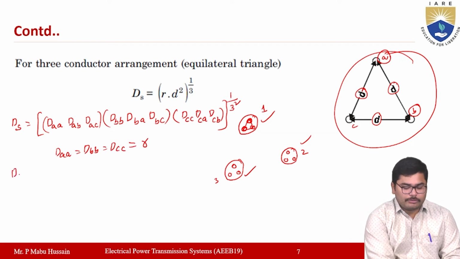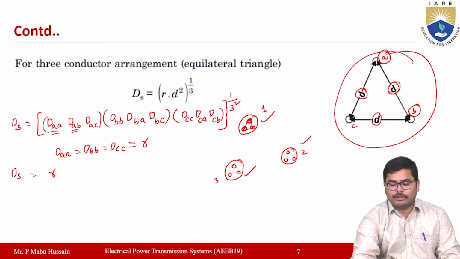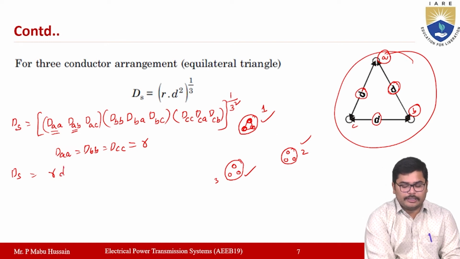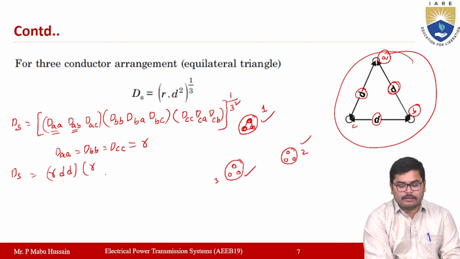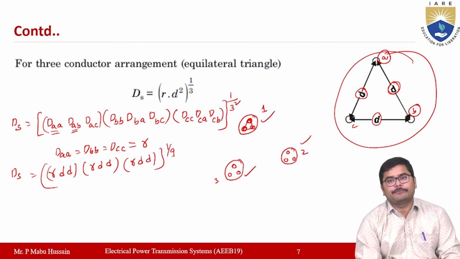So if you substitute here, DAA is R and DAB distance is small d here. If you observe any distance DAB, DBC, DCA, all the distances are small d only. So DAB is small d, DAC is also small d. Then DBB is again R, DBA is small d, DBC is small d, DCC is R, DCA is d, DCB is d, whole to the power of 1 by 3 squared, which is 1 by 9.